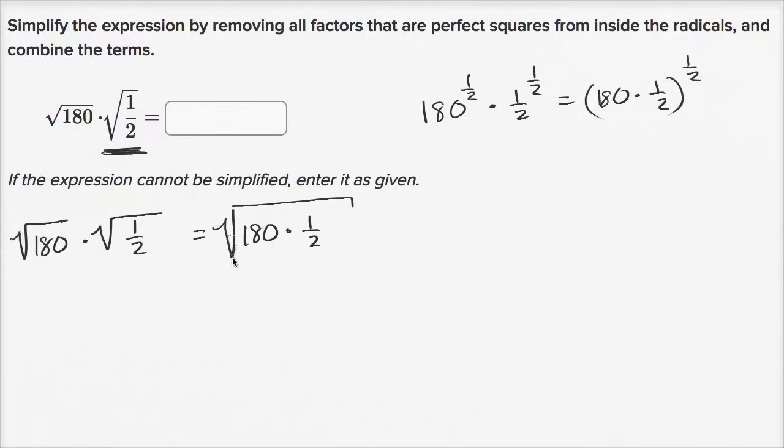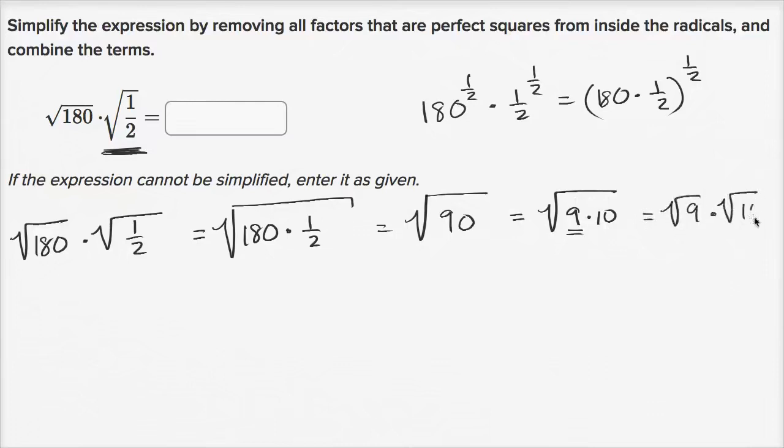And so this is the square root of 180 times 1/2, which is going to be the square root of 90, which is equal to the square root of 9 times 10. And we just simplified the square root of 90 in the last problem. That's equal to the square root of 9 times the principal root of 10, which is equal to 3 times the square root of 10.